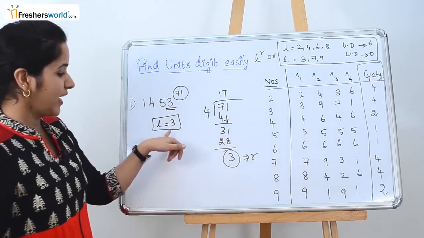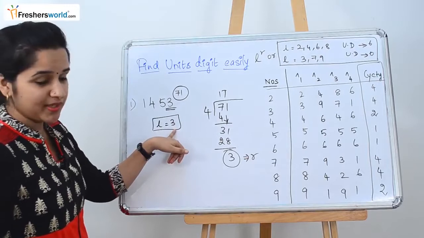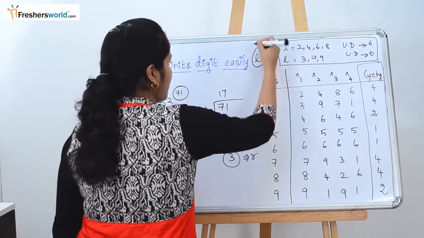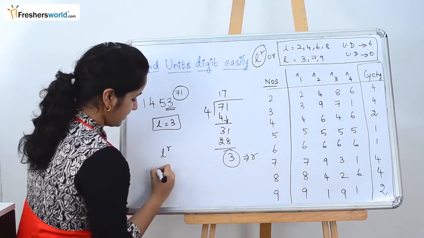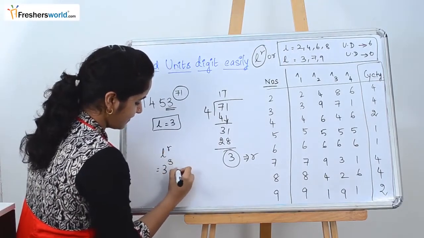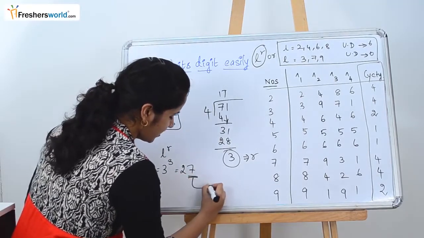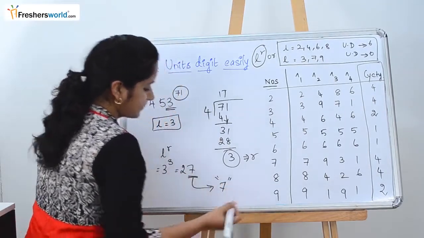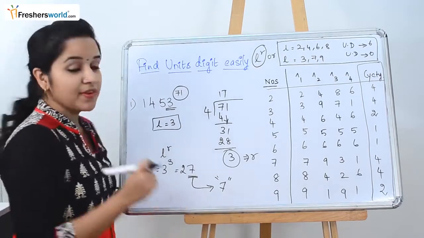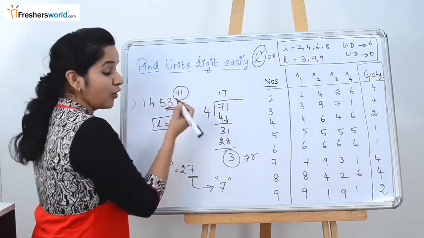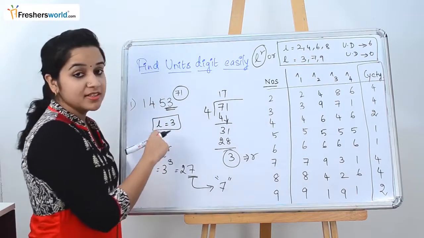So once you have L as 3 and the remainder as 3, we use the formula L power R, which is 3 power 3. 3 3s are 9, 9 3s are 27. So the units digit is 7. So what did we do here? First, we find L and R. L is the last digit of the given number, so L is equal to 3.